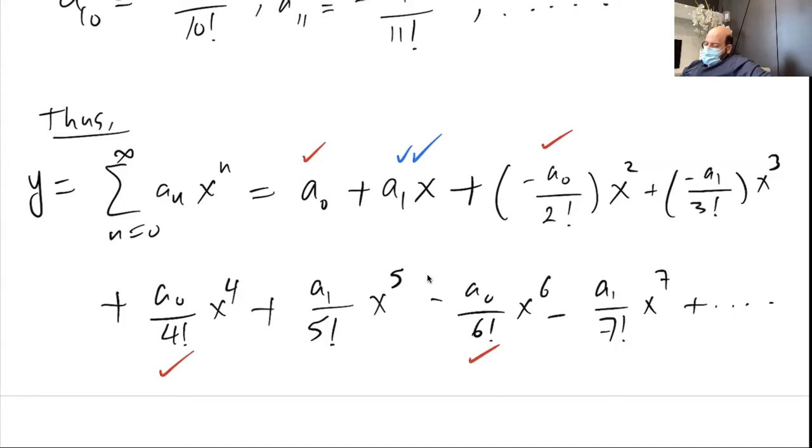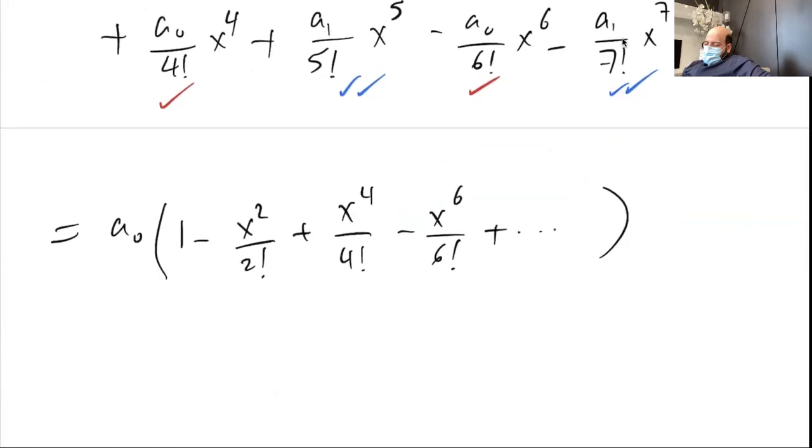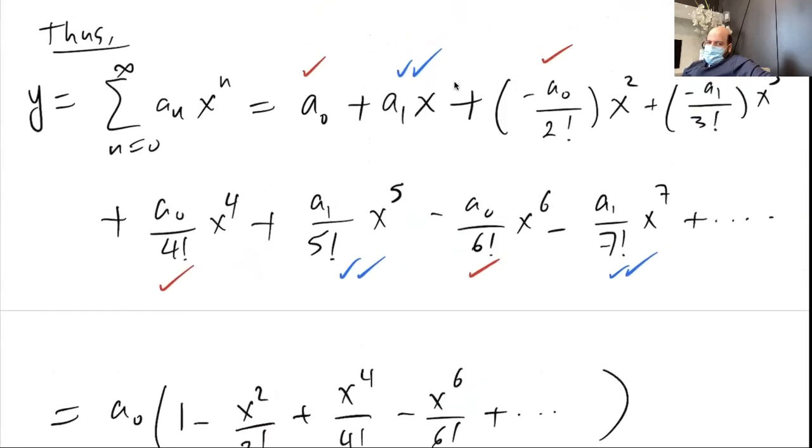Then what will I have? I'll have a0 times 1 minus x squared over 2 factorial plus x to the power 4 over 4 factorial minus x to the power 6 over 6 factorial, plus a1 times, now the terms that have a1 in common, so this one, this one, this one, and so on.